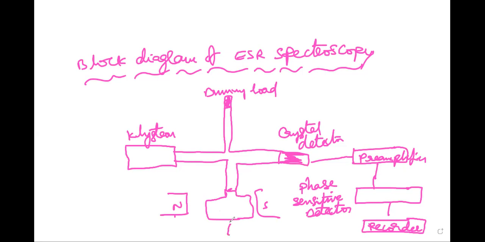This is the modulator. So this is the simple block diagram of an ESR spectrometer.